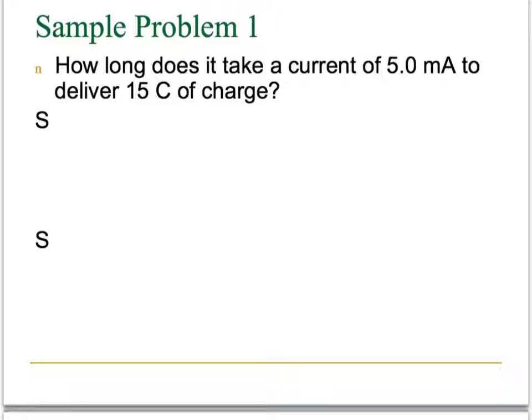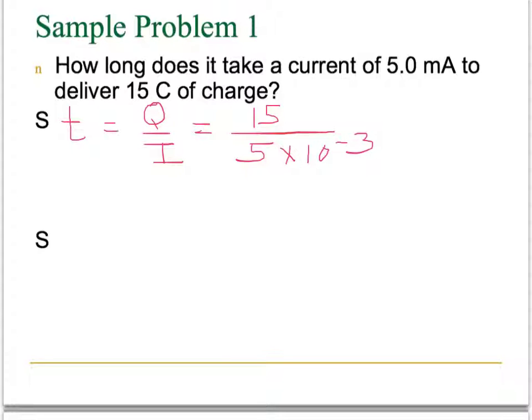Okay, let us continue. So therefore, from our equation, T is Q divided by I. So we have 15 divided by 5 times 10 to the negative 3. So if you are dealing with exponential numbers, you just divide the base.